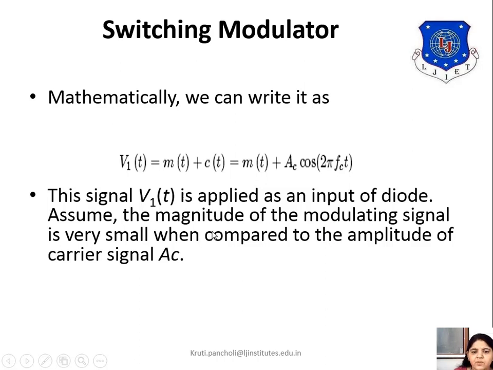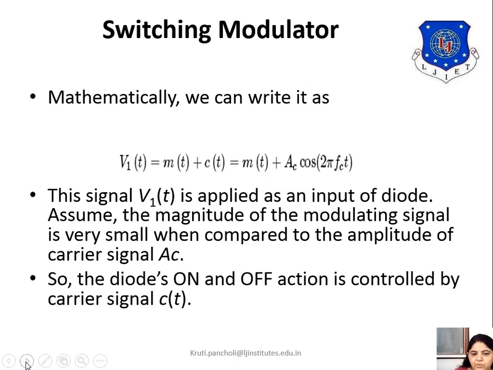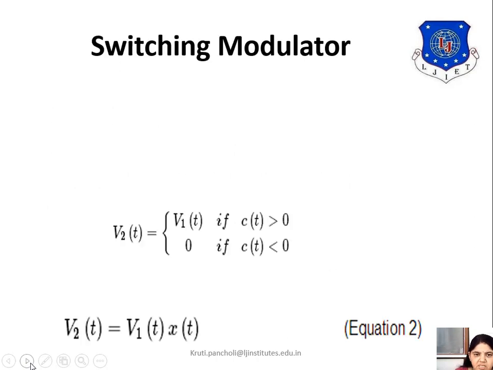Now assume the magnitude of the modulating signal is very small compared with the carrier signal, so the carrier amplitude is high. According to the carrier signal input, the diode may be on or off, and this depends totally on the carrier signal c(t).